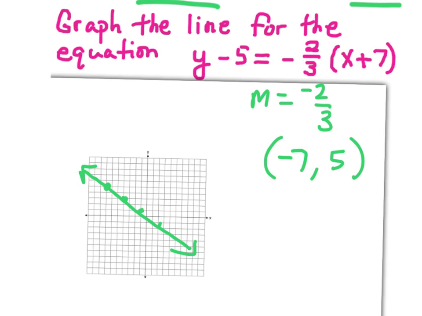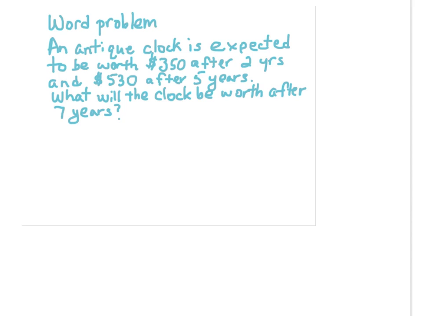Now, I see some of you just staring at your page. So one word problem, this is the last problem in the notes. An antique clock is expected to be worth $350 after 2 years and $530 after 5 years. What will the clock be worth after 7 years? This is a classic problem where, as time goes on, the value of the clock is going up.